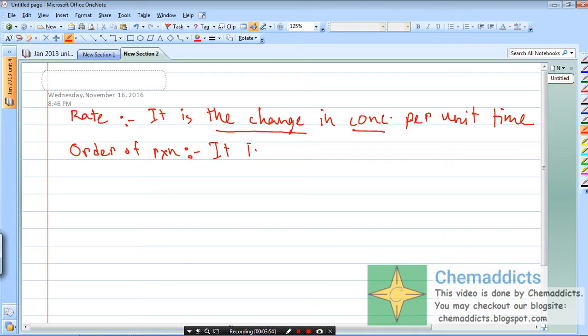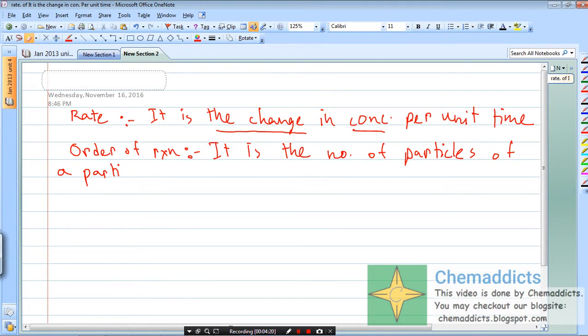It is the number of particles of a particular reactant involved up to and including the RDS. Sorry, it should be and.